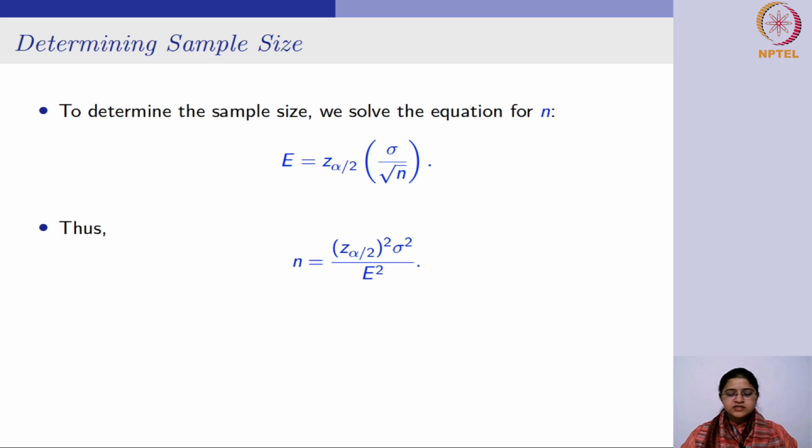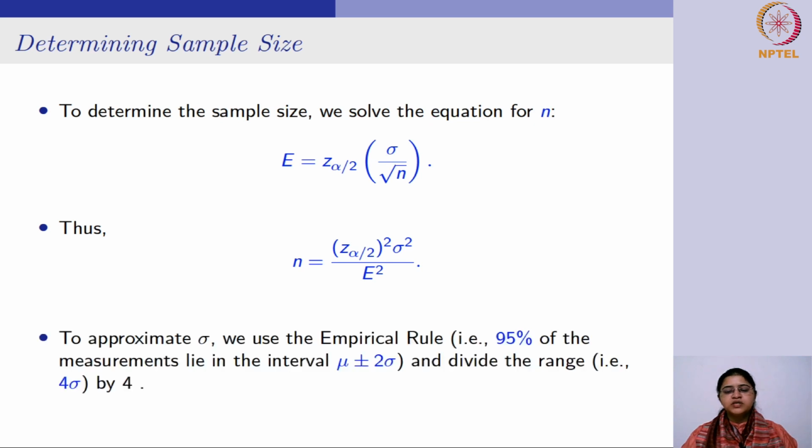In that case, sigma is often not known to us, right? The population standard deviation is not known to us. So we can use an approximation for that, and that approximation arises from the empirical rule.